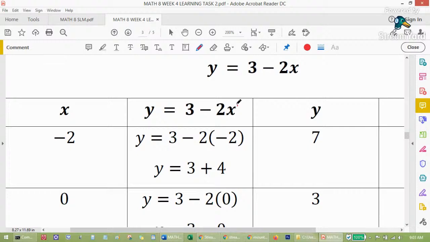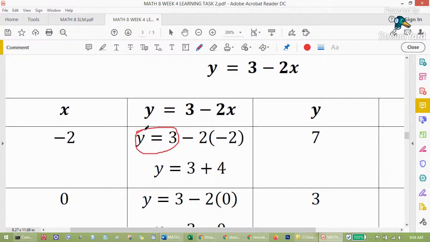Okay? And then, itong x, papalitan natin ng negative 2. Kapag negative, kalimitan, nilalagyan ng parenthesis. Kasi pag hindi mo nilagyan ng parenthesis, magiging negative 2 minus 2. Mawawala yung multiplication operation. Ang ibig sabihin ng 2x is 2 times x. Kaya, lalagyan natin ng parenthesis para itong x na negative 2, i-multiply natin sa negative 2.